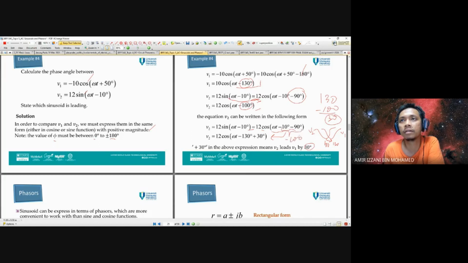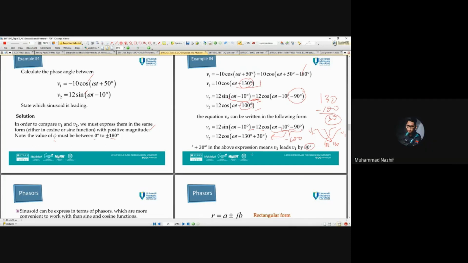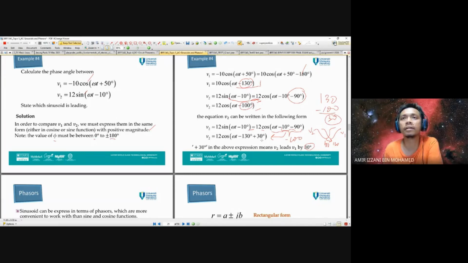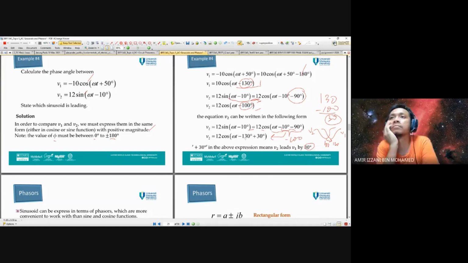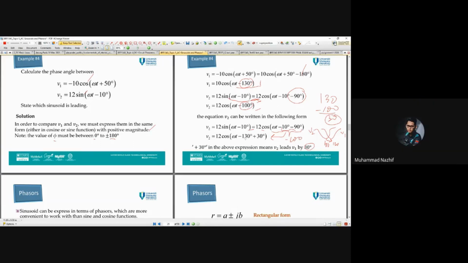So it's just optional. If you want to write V2 equals 12 cos omega t minus 130 plus 30, it is to justify the equation above. If you didn't want to write it, it's also okay, as long as you understand.